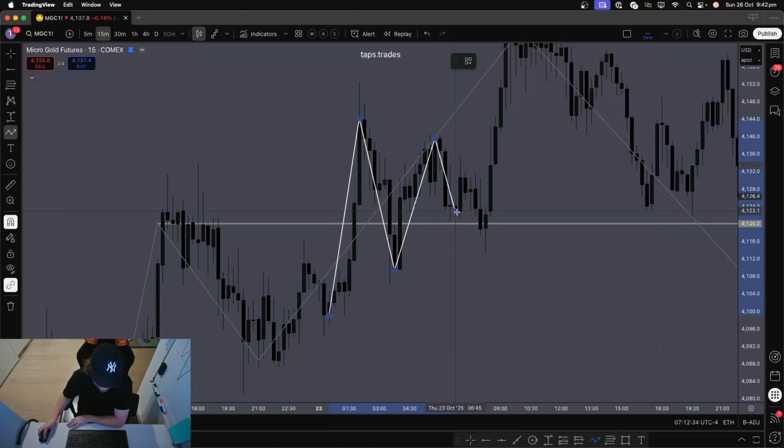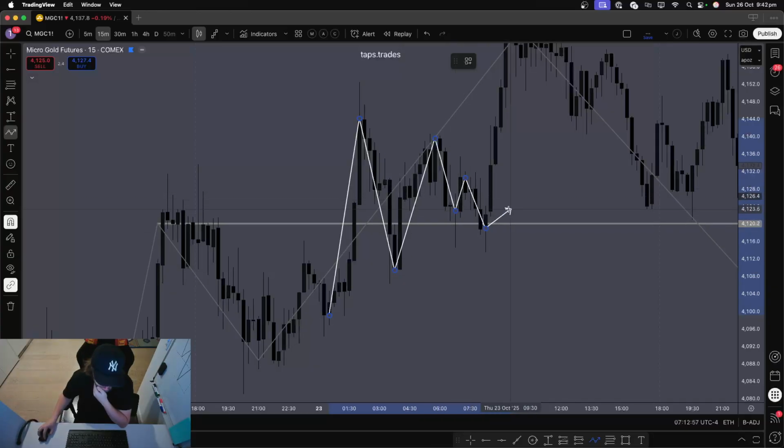Oh, but it doesn't break this previous low, does it? That's interesting. Okay, it doesn't break this previous high. Oh, that's saying that potentially it could be bearish, right? But then again, what happens here, price doesn't break this low, but it breaks this low, right?